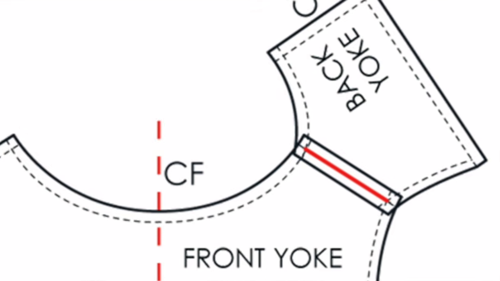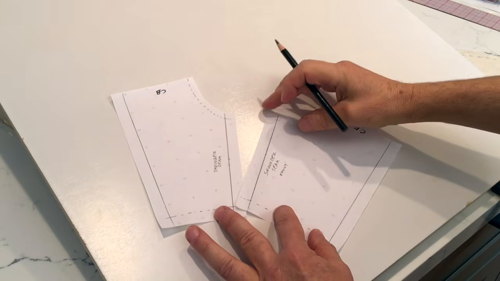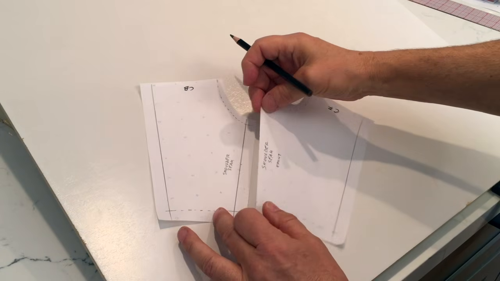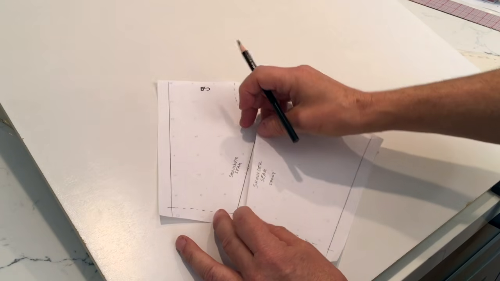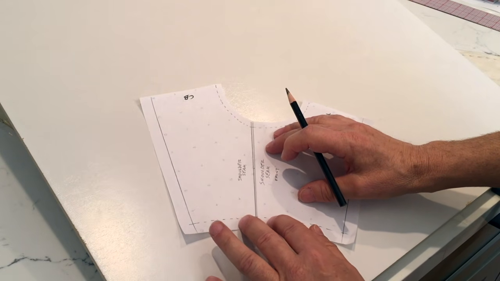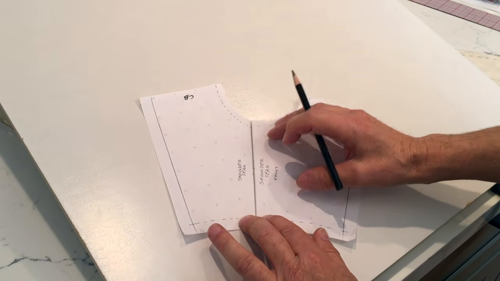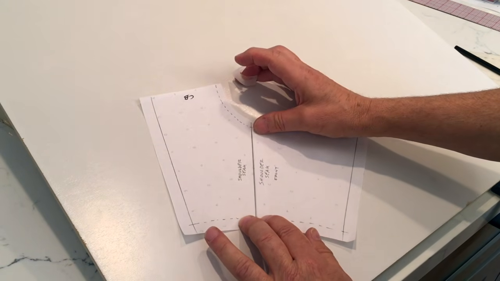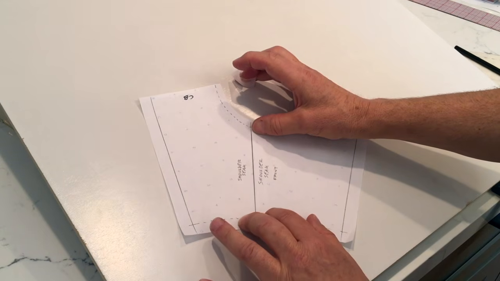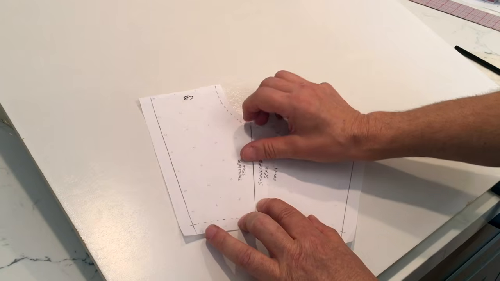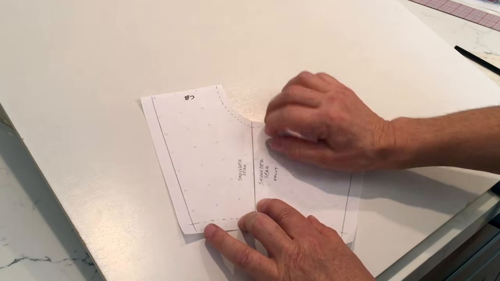They overlap each other. Another simpler way is to take the seam allowance of the front yoke, fold the seam allowance under, and place it on top of the back, like that. And then use a little bit of Scotch tape, and we're going to tape the two seams together like so.